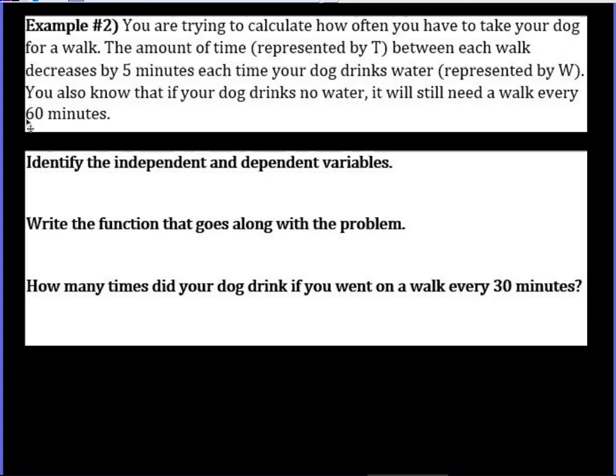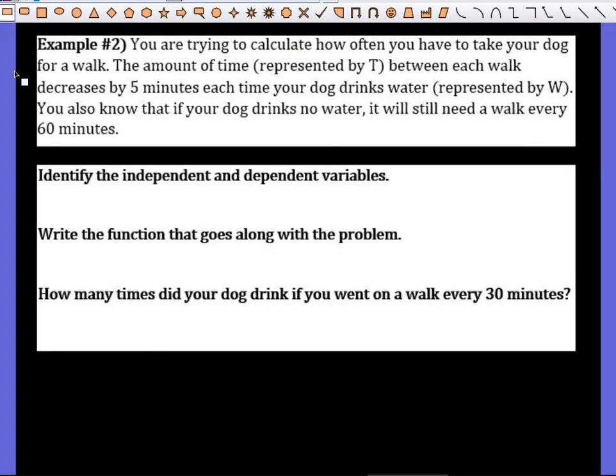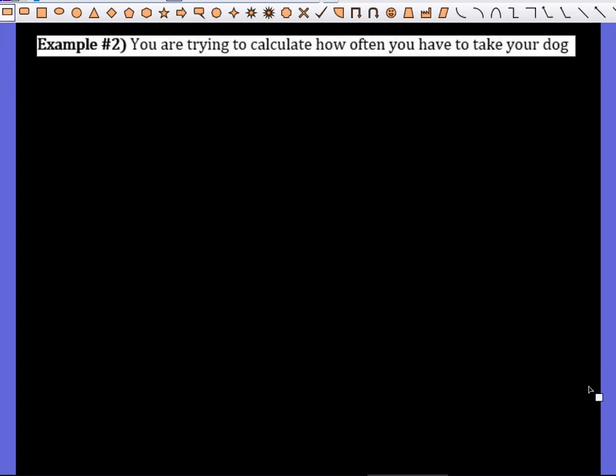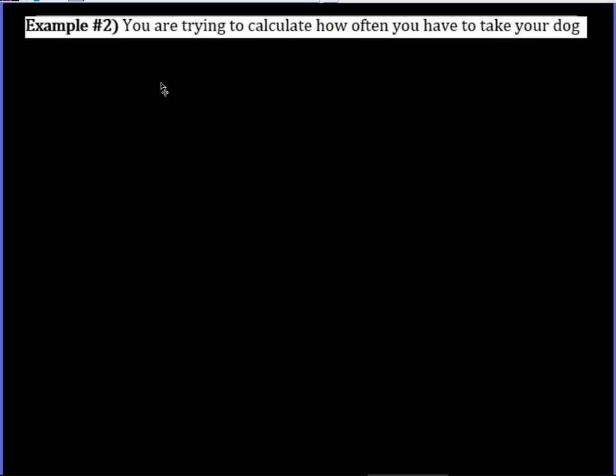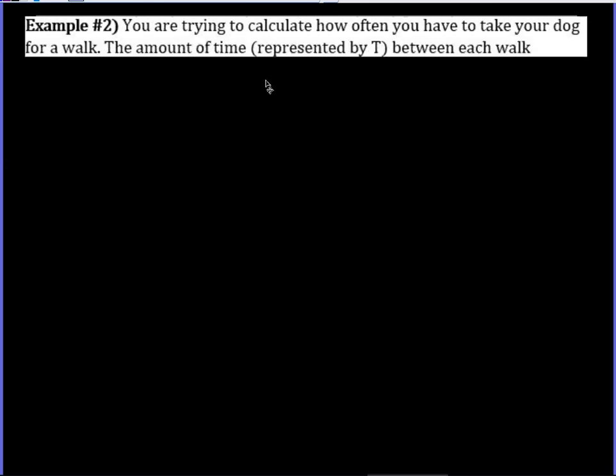All right, so same kind of strategy. I'm going to cover up some of this so it's a little bit easier to read. All right, so it says, example 2. You're trying to calculate how often you have to take your dog for a walk.